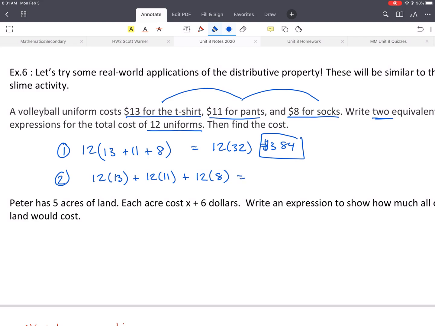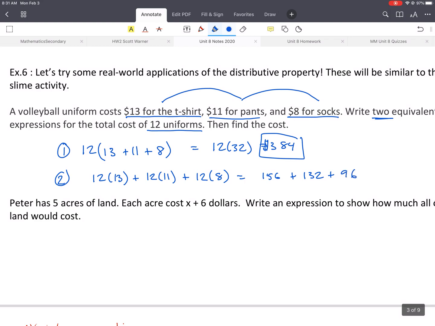If we did the other way, we'd do 12 times 13. That gives us 156, plus 12 times 11, that gives us 132, plus 12 times 8 gives you 96. Okay.